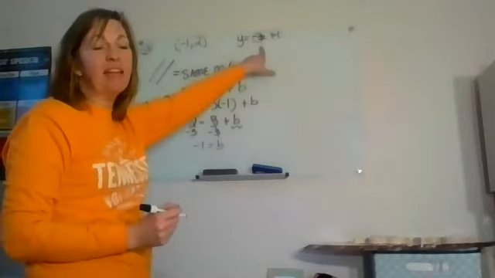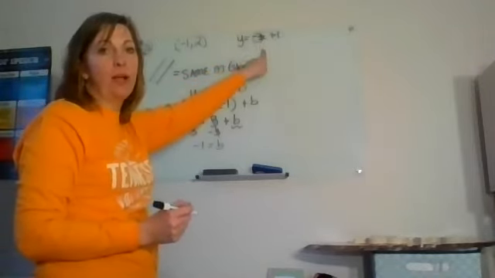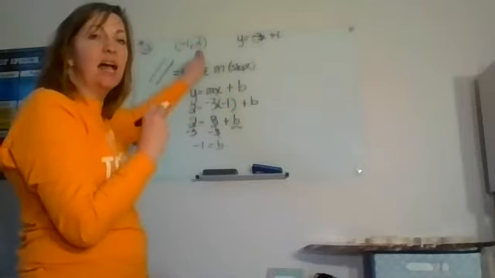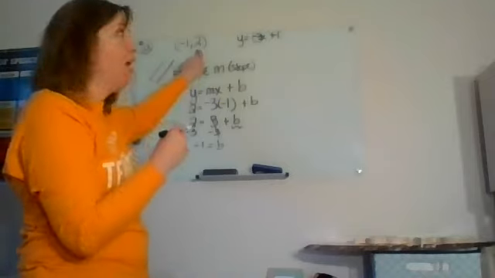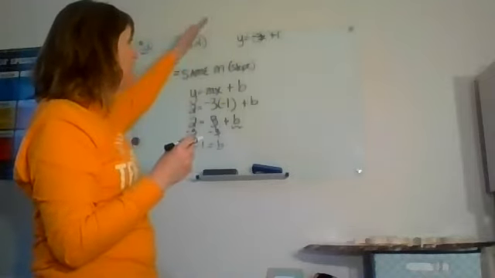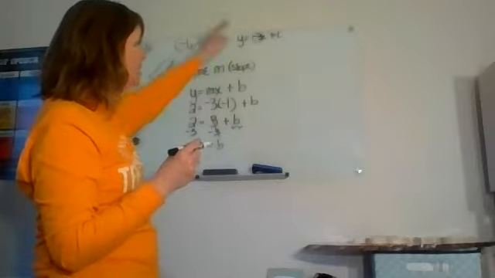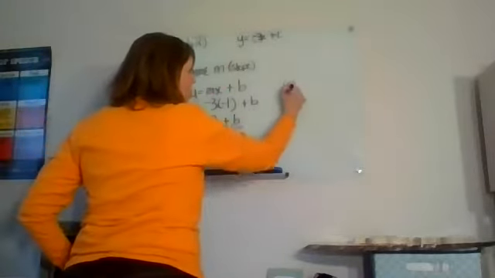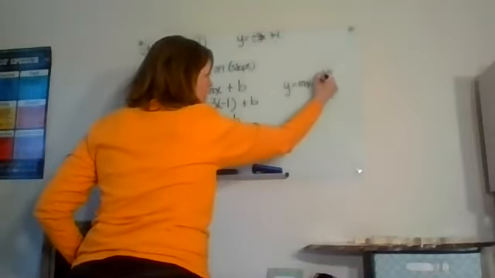Now, what's my equation? They already gave me in my given what one equation was. They gave me the point, and the line had to be parallel to this line at that point, so their slopes have to be the same. So what is it? Y equals mx plus b.